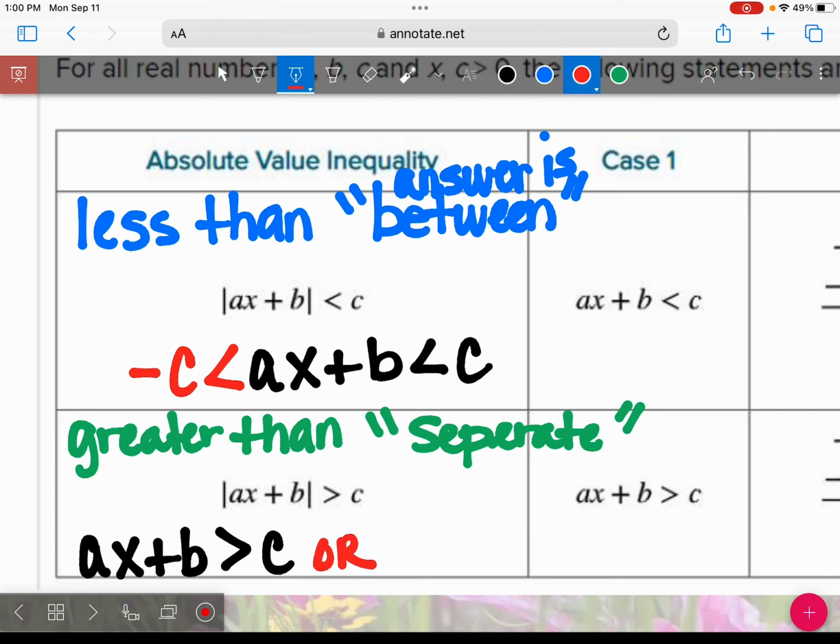And then the second inequality, I drop my absolute value. And then you're going to flip your inequality to become a less than and change that number to the opposite. So that's the rules that we're going to follow. And we're going to practice that. We're going to do 2 of each, and then we'll end there for today. Tomorrow we'll practice some more. And that's it.